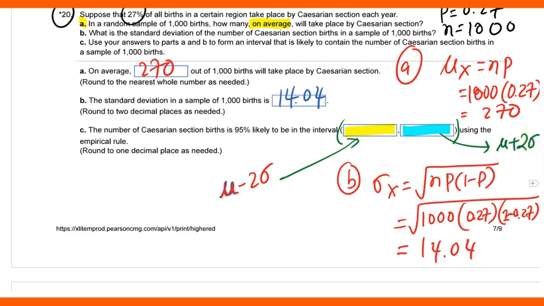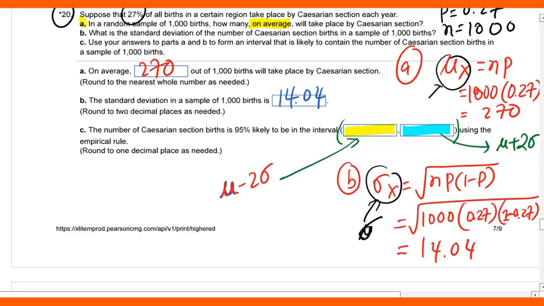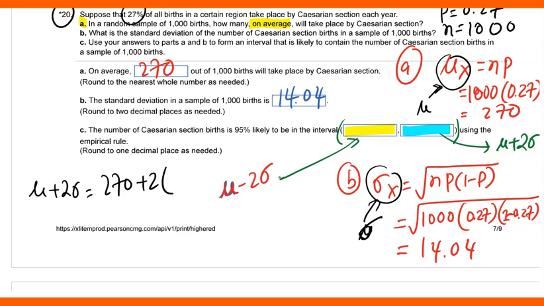What's the sigma? Notice that sigma is 14.04. I didn't write sigma x and mu x here, but that's okay, this is the same. Now let's find mu plus 2 sigma. Mu is 270 plus 2 times 14.04, which gives you 298.08.